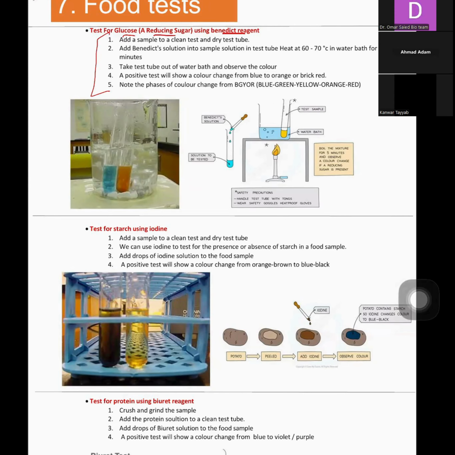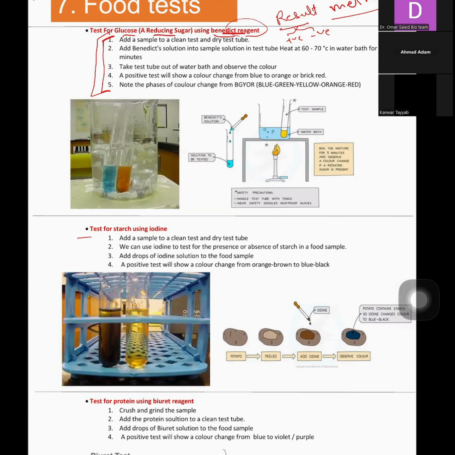Mention the reagent or mention the result or mention the method. If he asks for the reagent, you just say Benedict. If he asks for the result, positive or negative, you mention what color it changed. If he asks for the method, you have to mention these steps. We have been through it before, but inshallah I will share it with you.